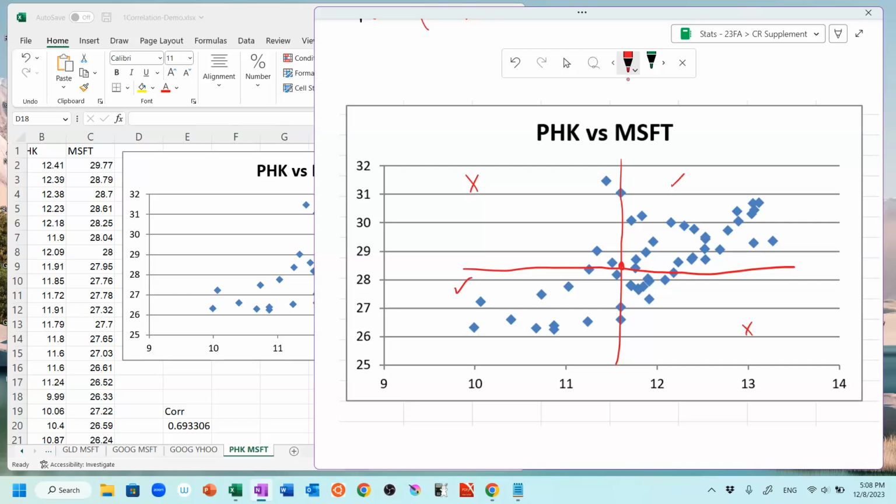If I see a lot of data in the first and third and not a lot in the second and fourth, that suggests a positive relationship. Or vice versa, if I see a lot in the second and fourth quadrants and not much in the first and third, that would suggest a negative relationship.